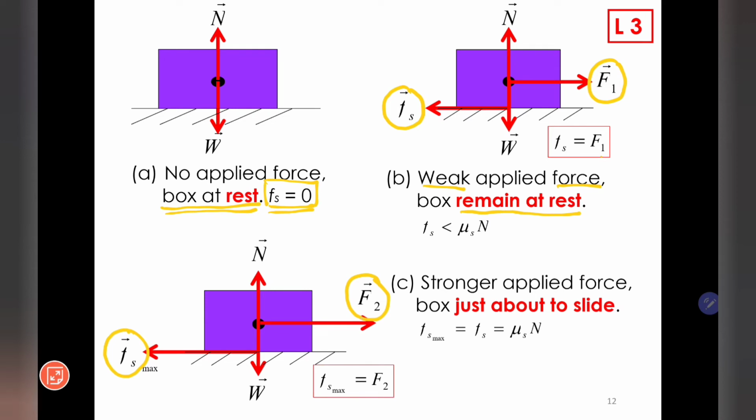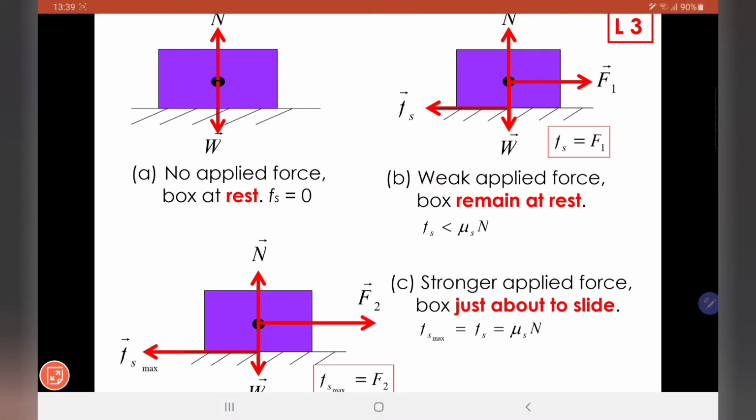When the applied force is greater than the maximum static frictional force, the box starts to slide. In this case, we call the frictional force the maximum static frictional force, Fs equals mu N. So the frictional force is maximum.